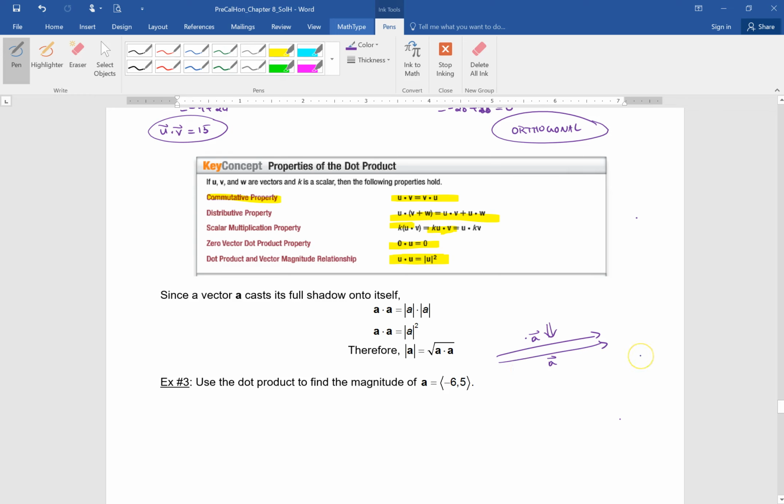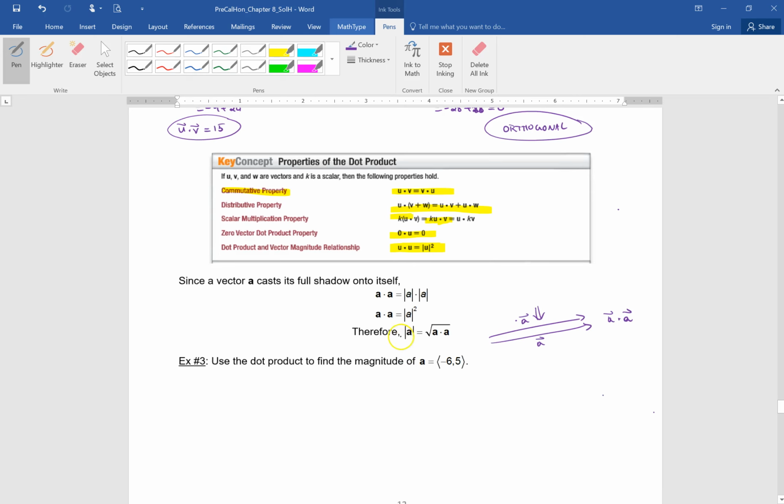So the amount of vector A that will be on vector A is the entire length of vector A, which is the magnitude of vector A. So if you did A dot A, it's really the magnitude, okay?